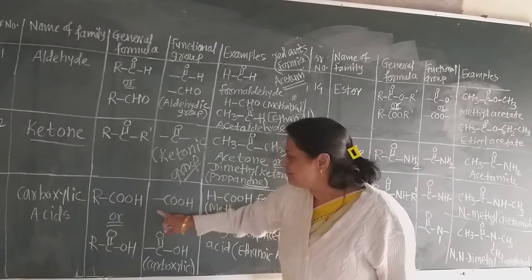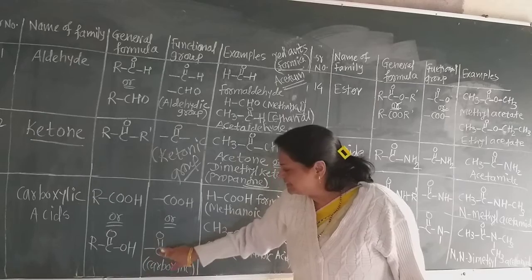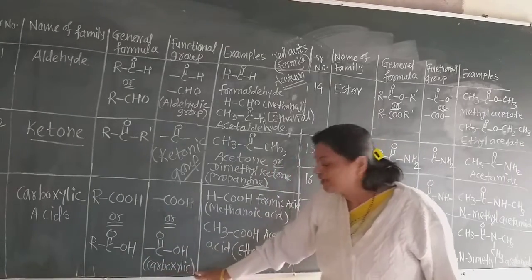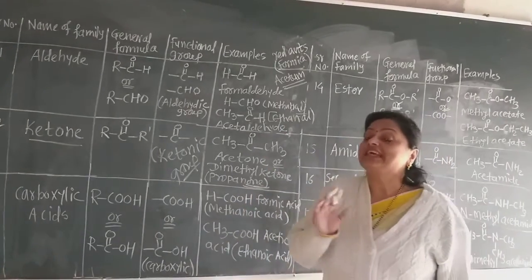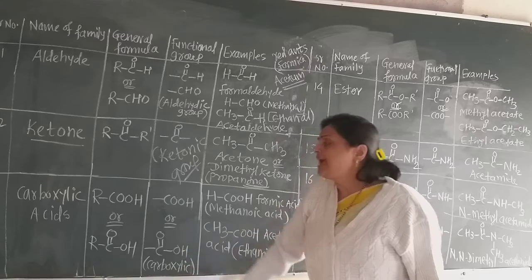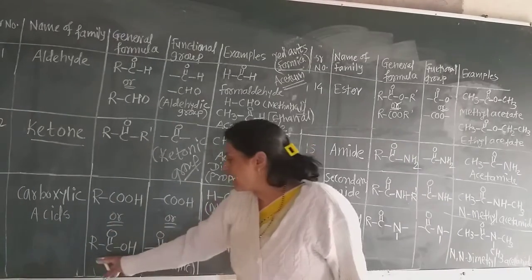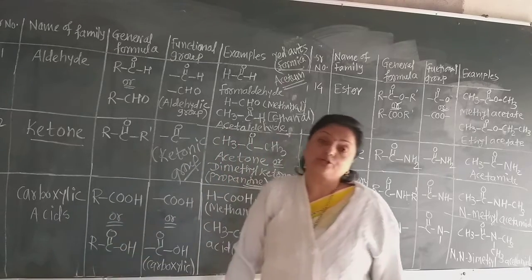Now the functional group is COOH. It may be written as C double bond O with OH. This is called the carboxylic acid group. COOH means carboxylic acid group, the functional group, and the general formula is RCOOH. Here R is the alkyl group.